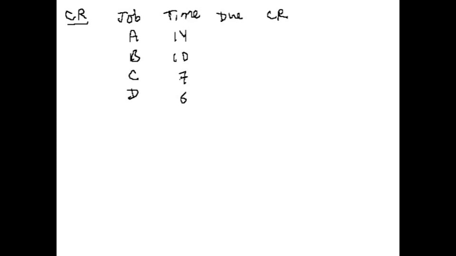I'll give a few steps to get started. To calculate critical ratio, first we start with the due date here. So 20 minus 0. The first time when you are doing it, make it 0, divided by 14, which is the time. This gives you 1.43.